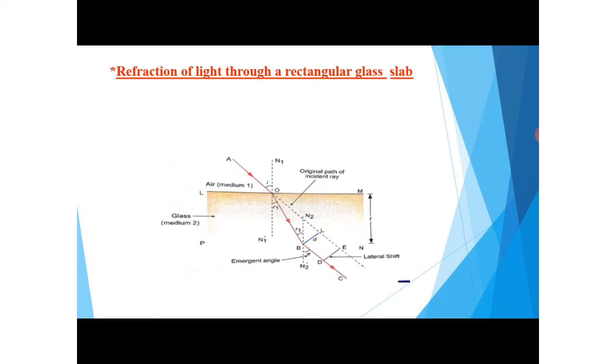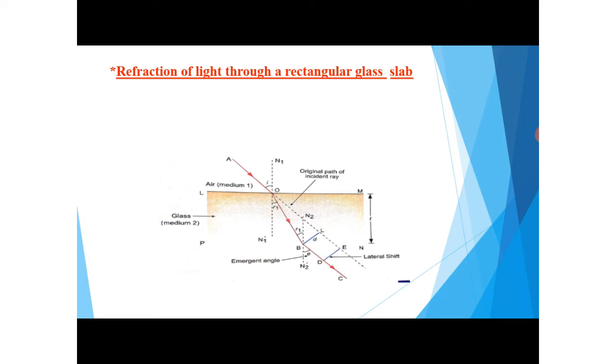Now r1 and r2 both are the same because of alternate angles, and N1, N1 dash and N2, N2 dash being parallel to each other. Now AO extended is the original path of the incident ray, and it emerged out as BC.